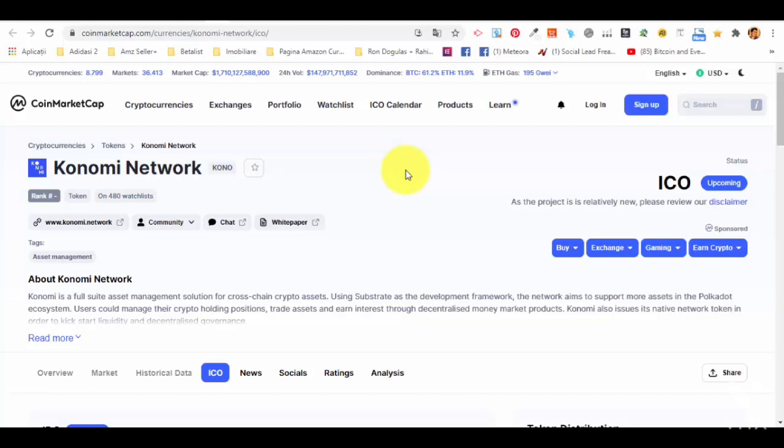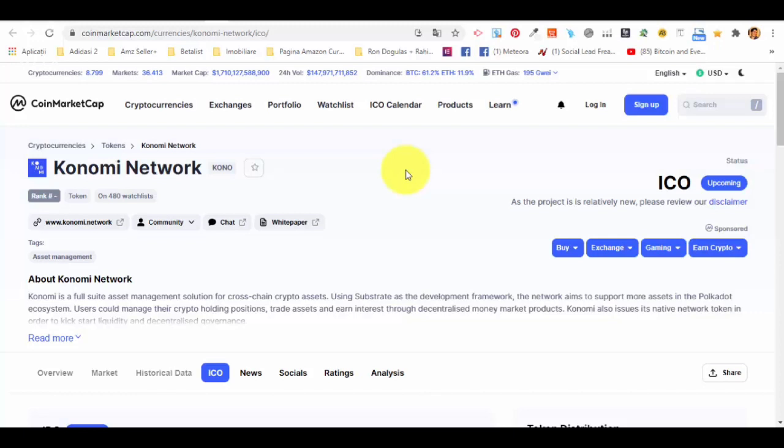You need to do your analysis very carefully, because there were cases in the past where, for different reasons, the projects did not work out. The value of the coins or the tokens went down a lot, disappeared, and so on. So you need to look at everything: the project, the team, the partnerships, and so on, in order to take a decent decision regarding investing in that ICO or not.